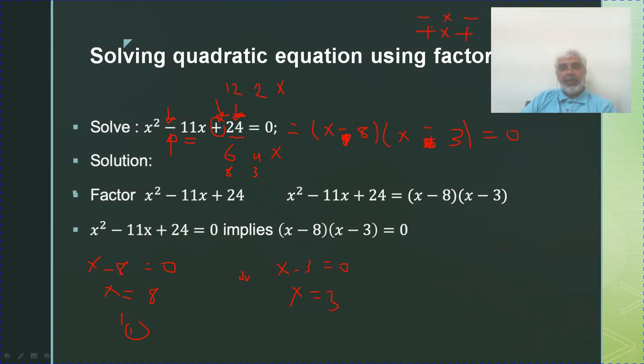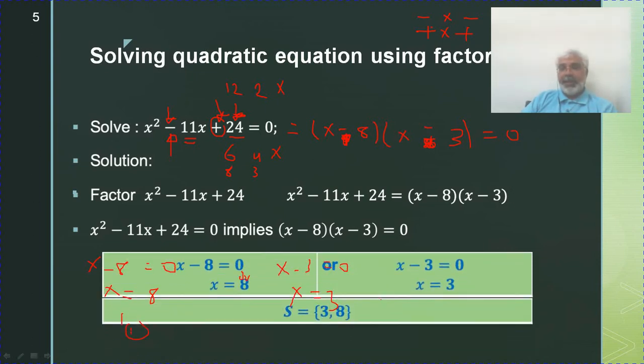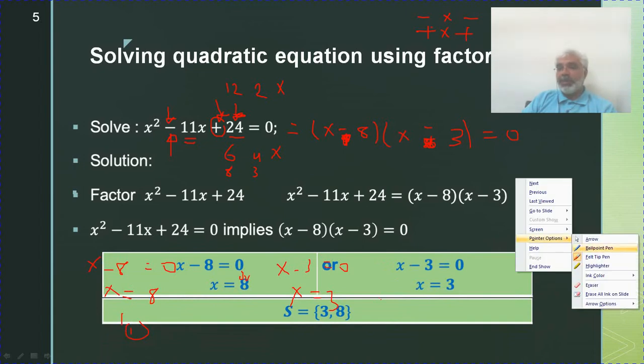So those are the solutions that I have. The solution set will be 3 and 8. Let me just erase all of this.